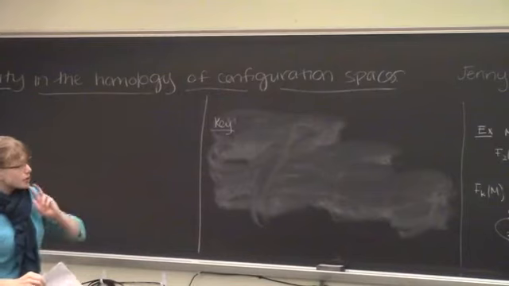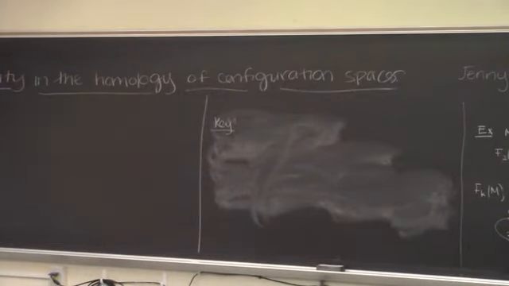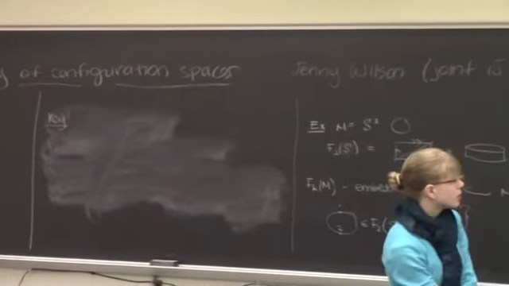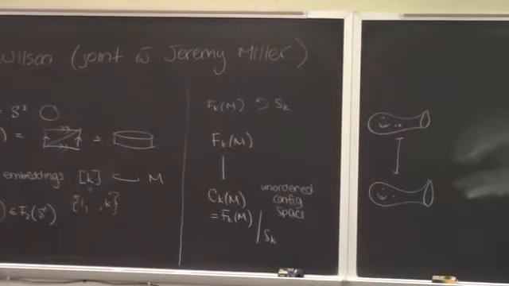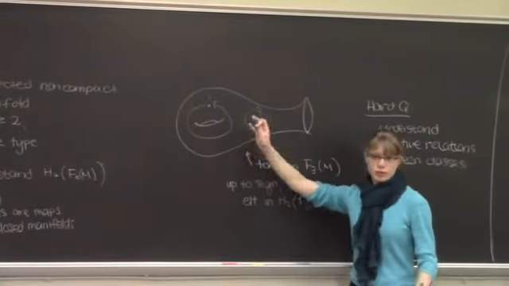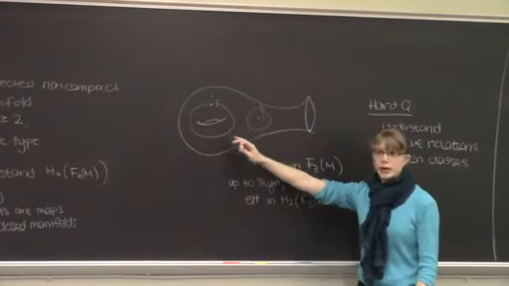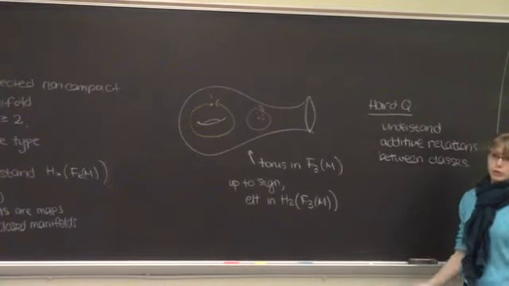The more good news is that we have more structure. That's not really a torus, is that what you meant? Oh, I'm sorry, that's not a torus. This is a punctured torus. We also do not know. For these configuration spaces, the homology is computed in low degree or for a small number of points, but in general we don't know what the groups are or what the Betti numbers are.